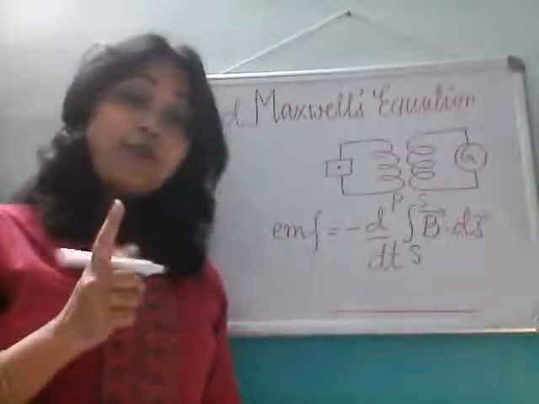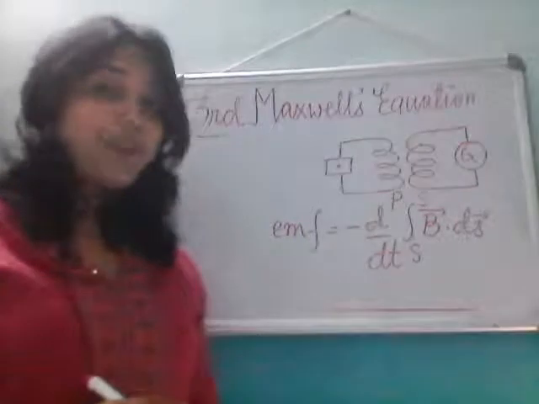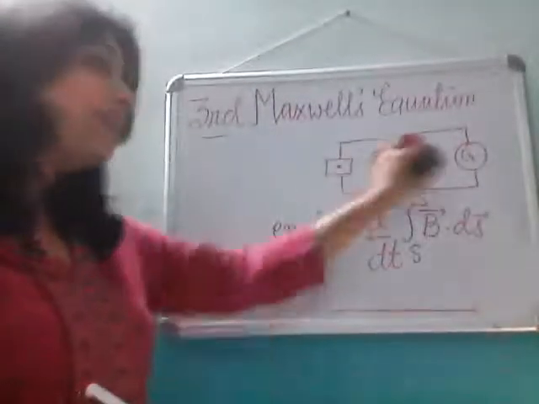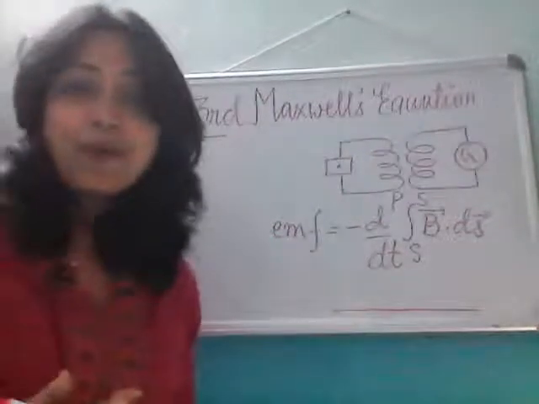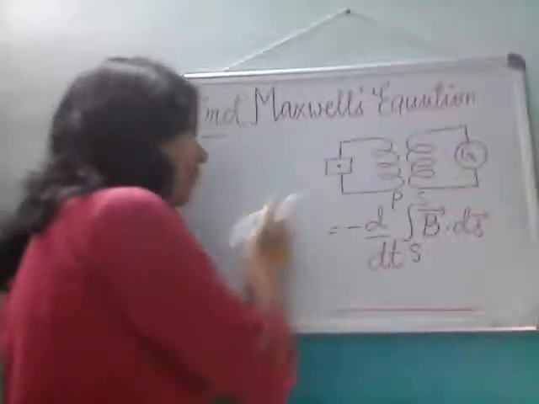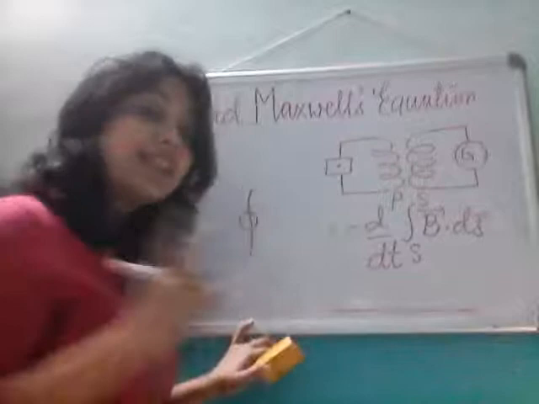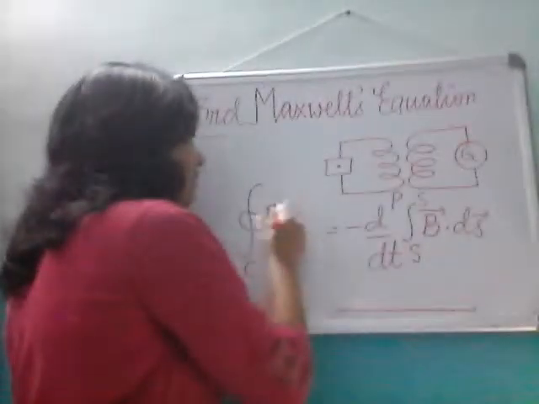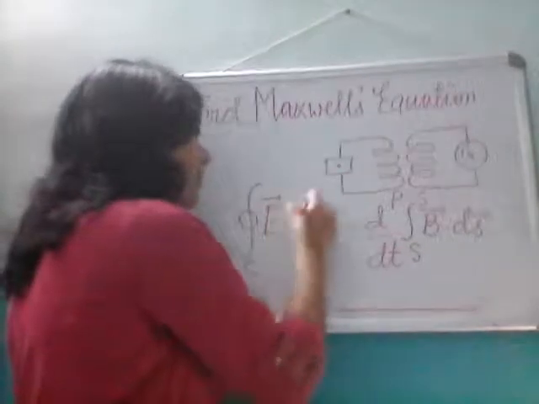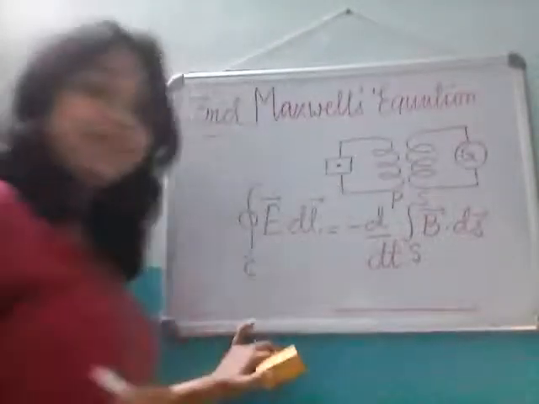And reminding all of you about the second prerequisite point: what is the EMF flowing in this circuit? This EMF flowing in the circuit is nothing but the closed line integral over this circuit C of E dot dl.